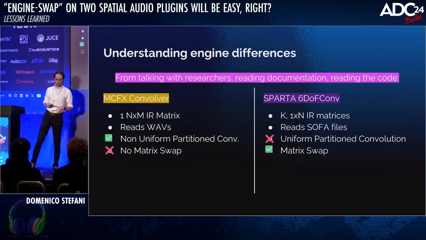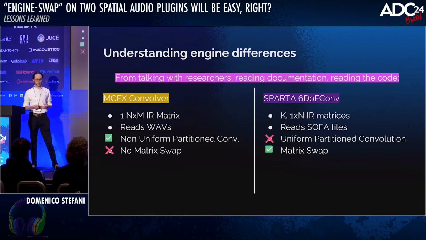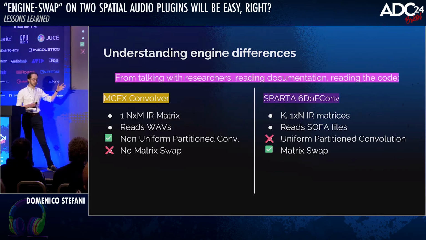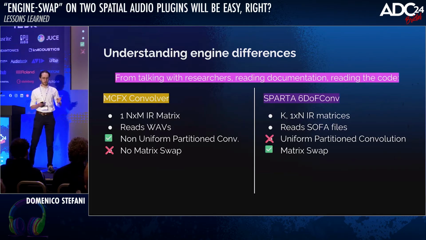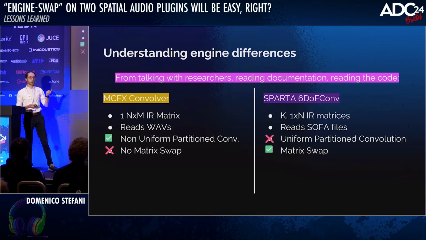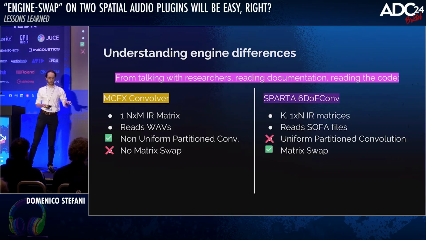What I learned from the beginning, checking some of the documentation and also speaking with these researchers that were using this, was that these are very different. The MCFX convolver does n times m convolutions, so many inputs, many outputs, but it can be different configurations, ambisonics channels, many things, but only with one matrix at a time. It's meant for that.